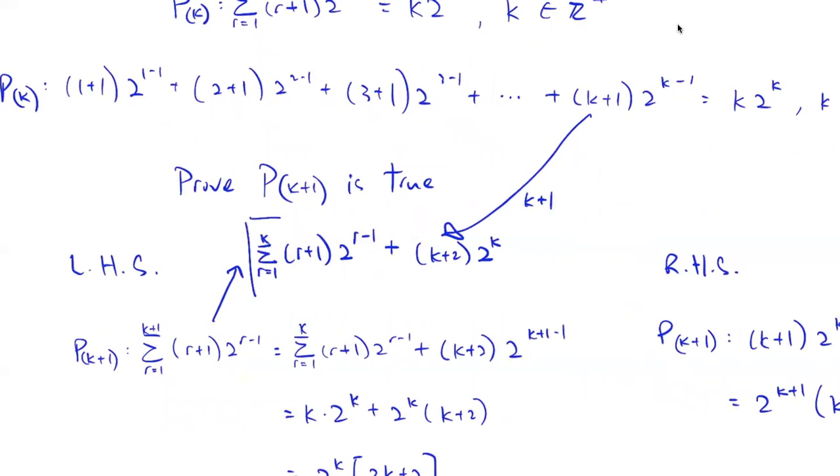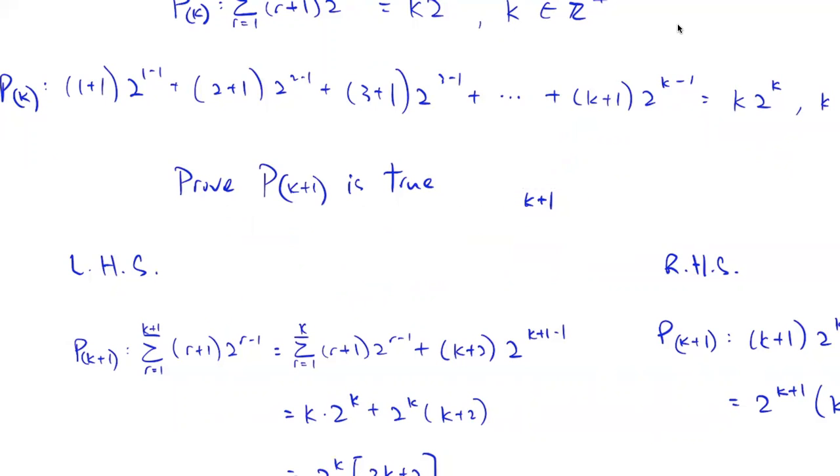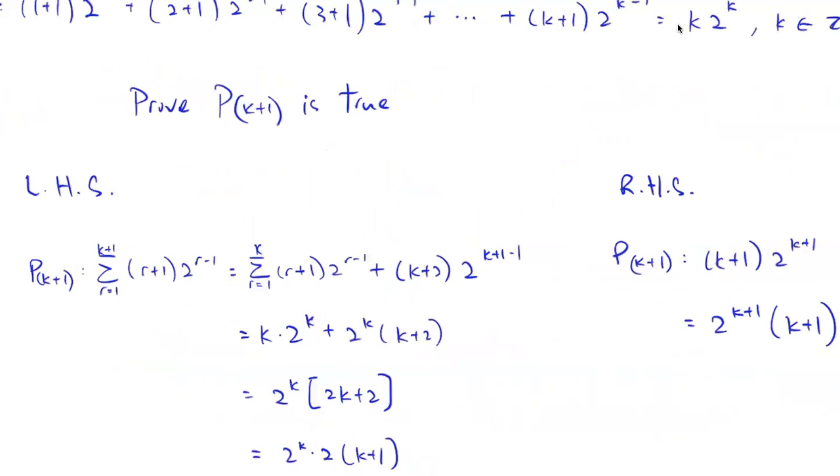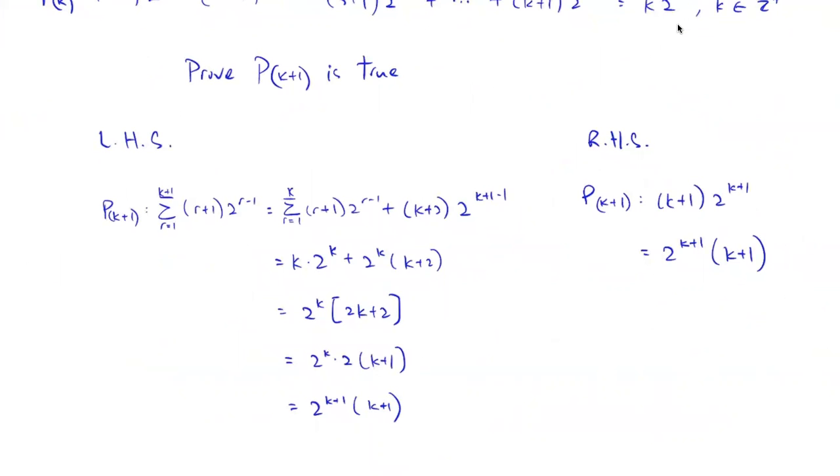And this expression equates this one, so I'll cross it out. And this is the most difficult part. If we get this part done, everything below would just be algebraic manipulation. And all we have to do is equate the left-hand side with the right-hand side and we'll be done.